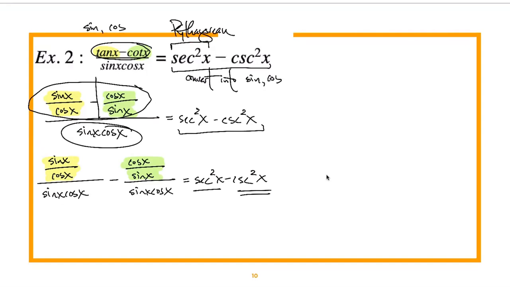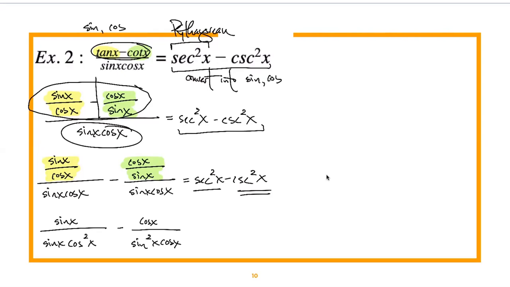Now, these fractions in a fraction, we're just going to rewrite this. So we're going to end up with sine x over sine x cosine squared x for the first fraction. And the second fraction is going to become cosine x over sine squared x cosine x.